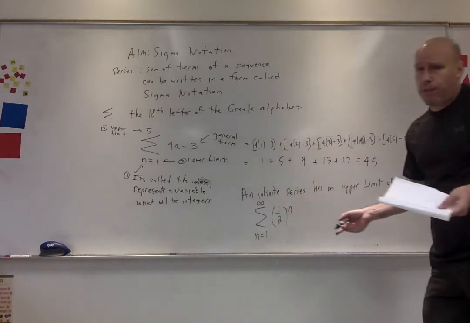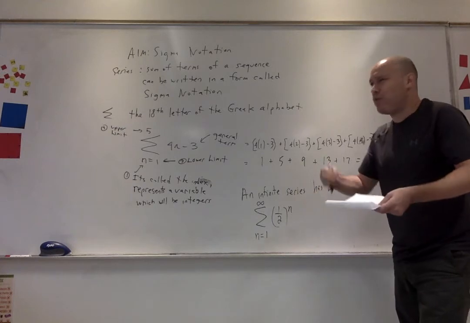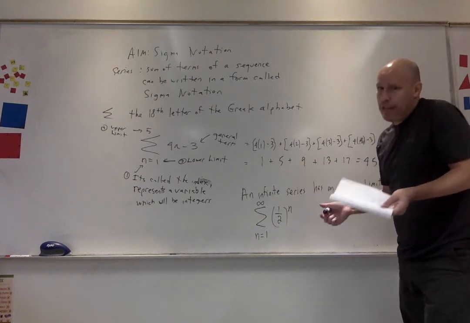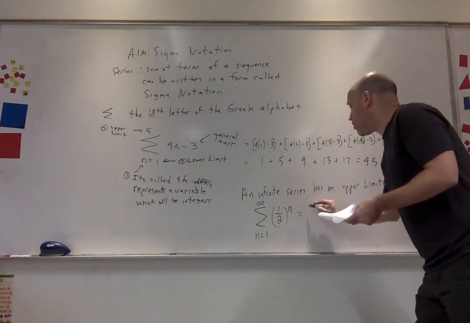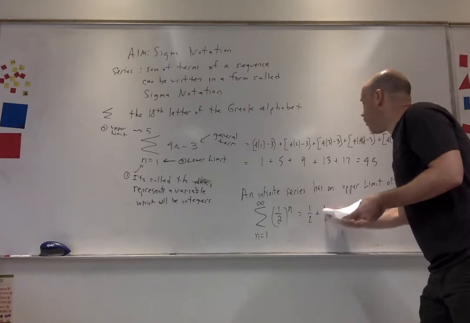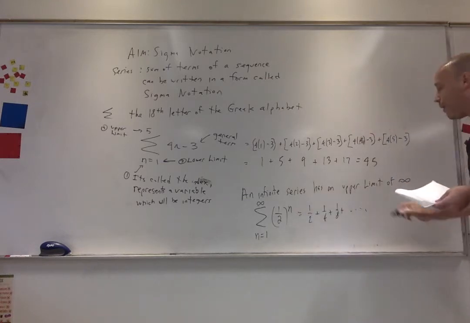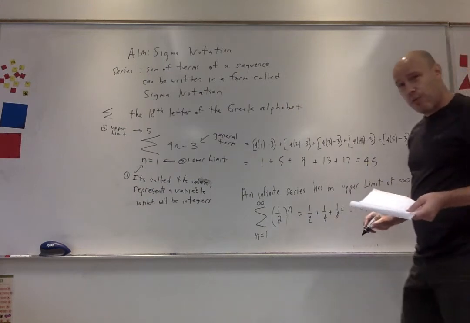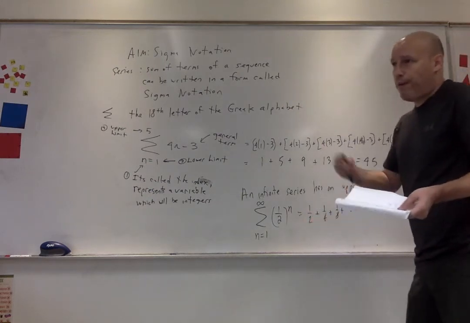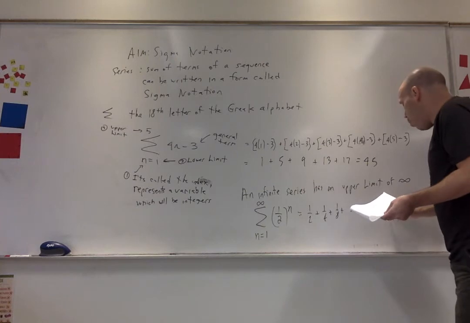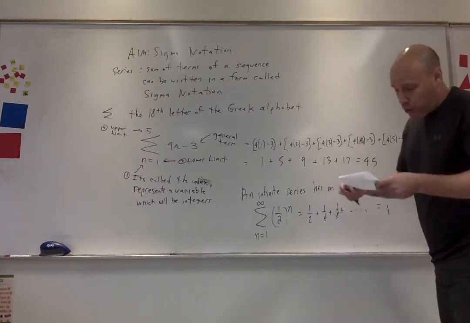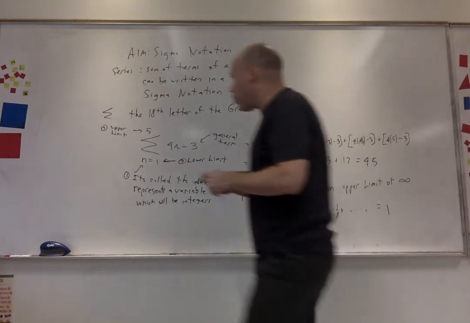Now, we've seen this before with an infinite geometric series. It's 1/2 plus 1/4 plus 1/8 ad infinitum. And we know the answer is 1. Try these on your own.